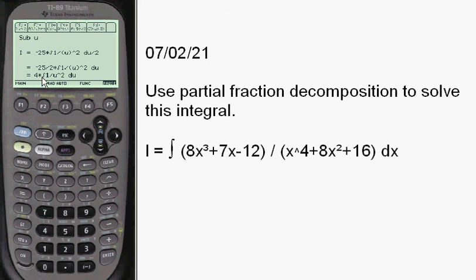We come up with 4 times the integral of 1 over u squared du, and we integrate that, which turns out to be what you see on the screen here. We back sub u, and the answer is 25 over 2 divided by x squared plus 4 plus c.